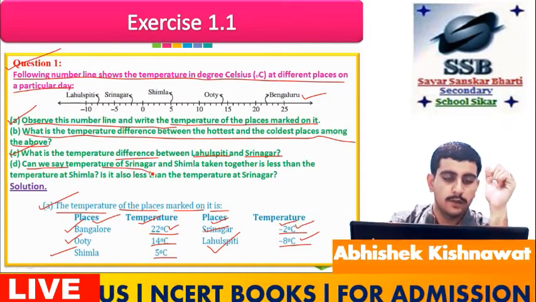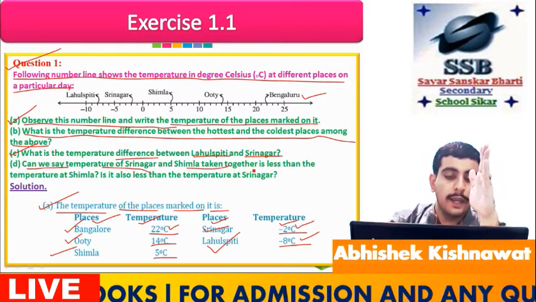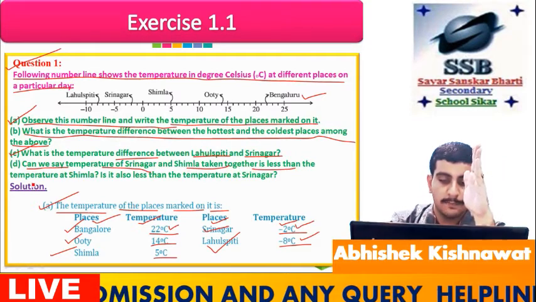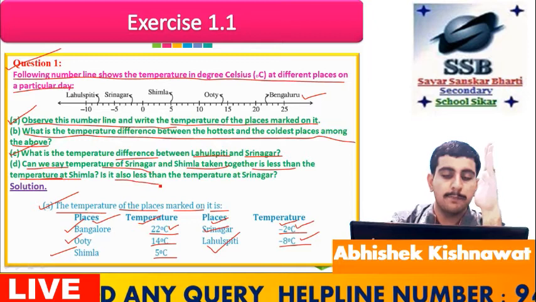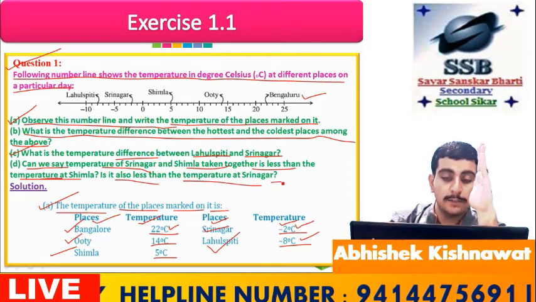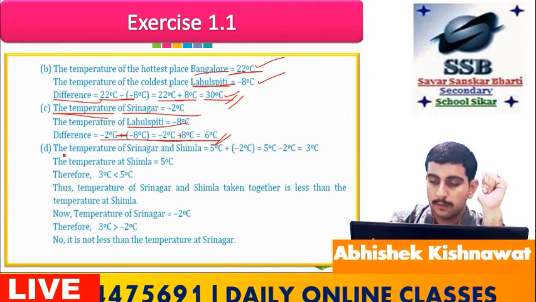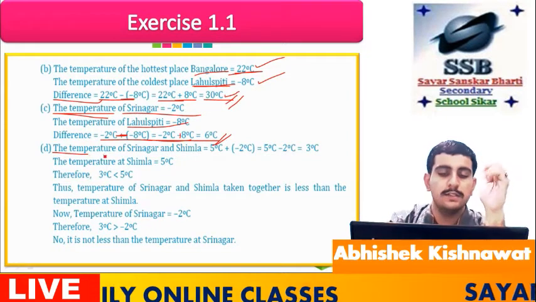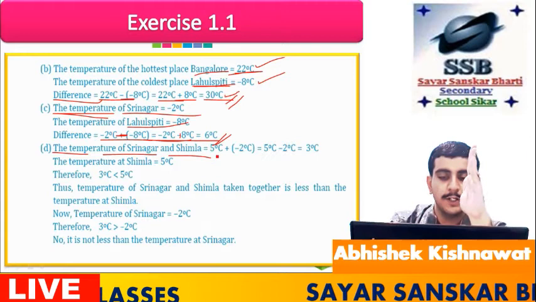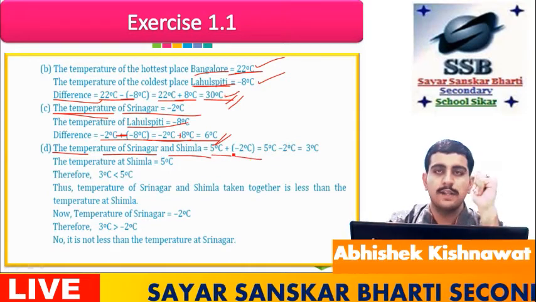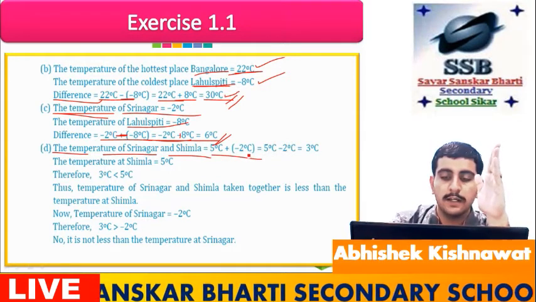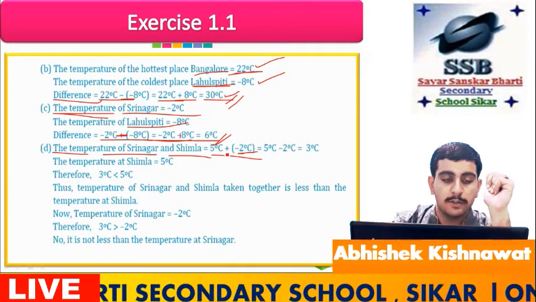Very good. Next question is: can we say the temperature of Srinagar and Shimla taken together is less than the temperature at Shimla? Is it also less than the temperature at Srinagar? First we have to add these temperatures.